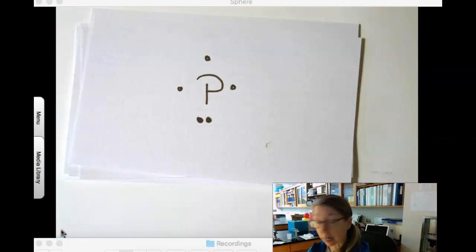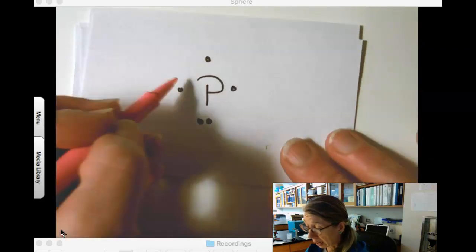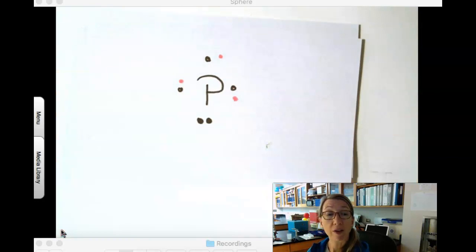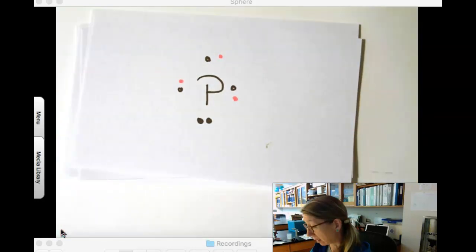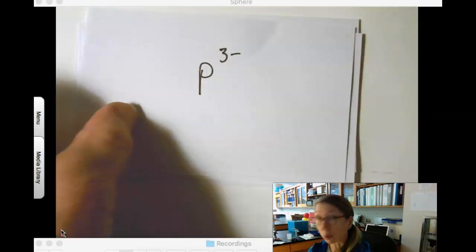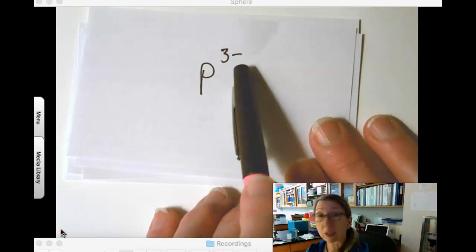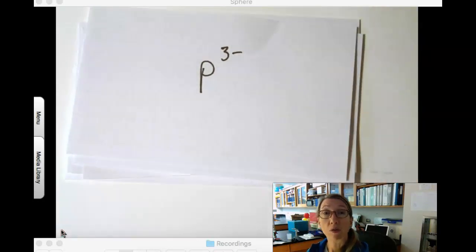And we can look and see that there's 5 valence electrons, and we would need 3 more in order to fulfill the octet to have 8 valence electrons. And so we would write that one also as a P-3 ion. This is the charge that phosphorus would tend to form in order to fulfill the octet rule.